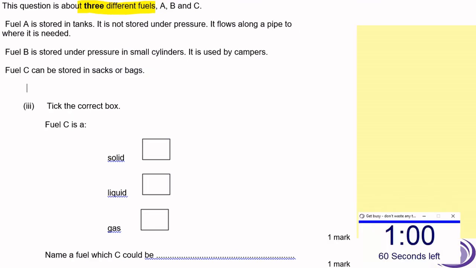Continuing our question about the three fuels, fuel C can be stored in sacks or bags. Tick the correct box. Fuel C is a solid, liquid or gas. And name a fuel which C could be.